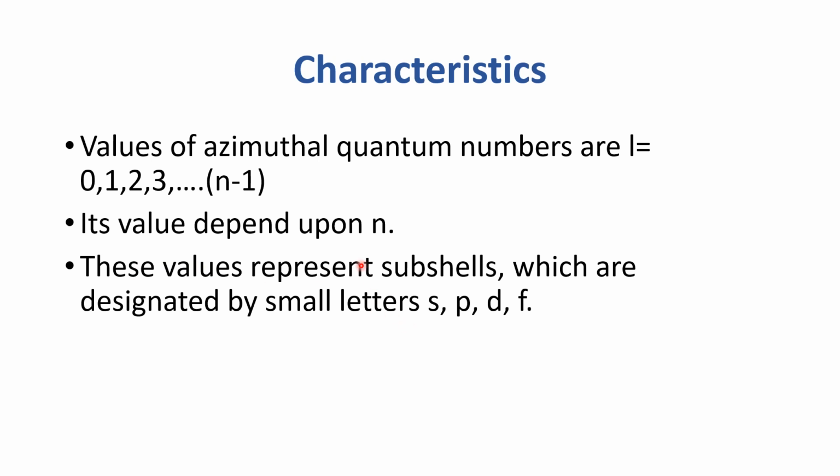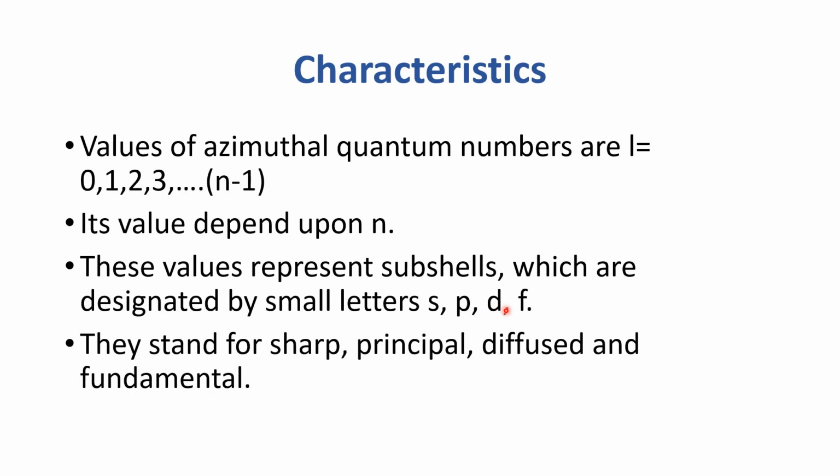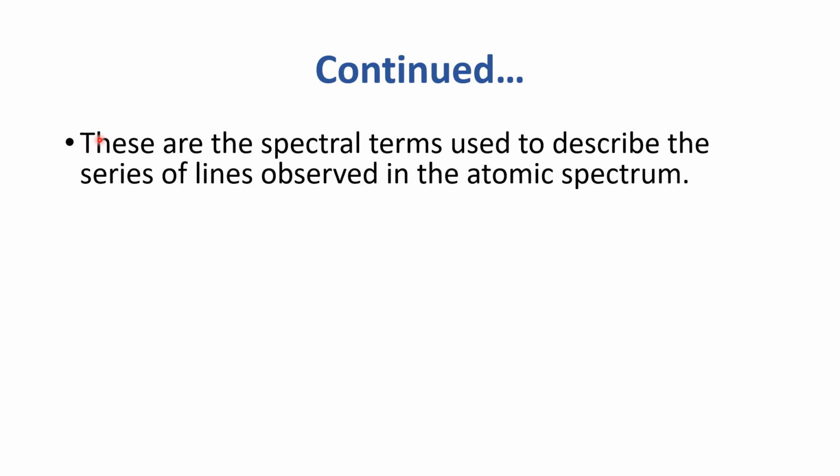These values represent subshells, which are designated by small letters s, p, d, f. They stand for sharp, principal, diffused, and fundamental. Furthermore, these are the spectral terms used to describe the series of lines observed in the atomic spectrum.